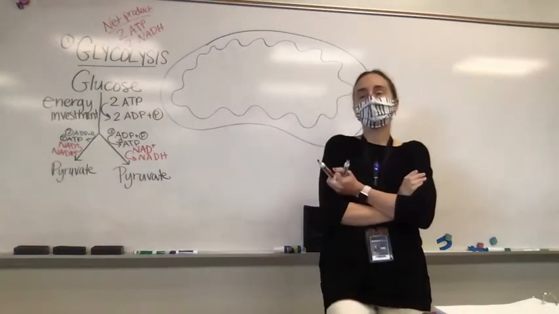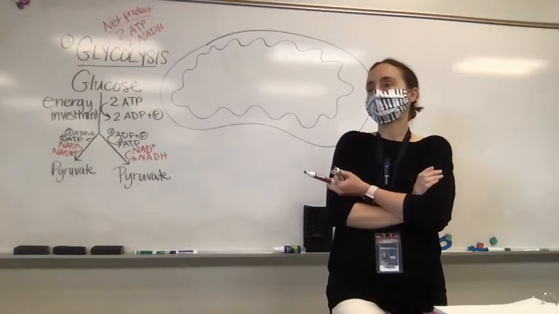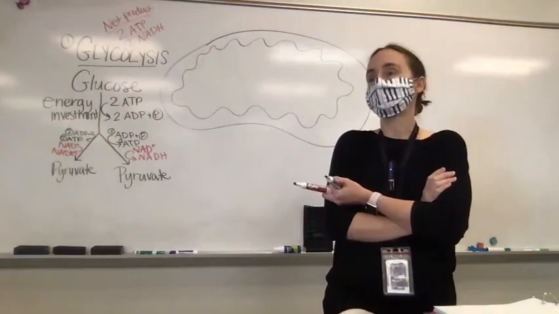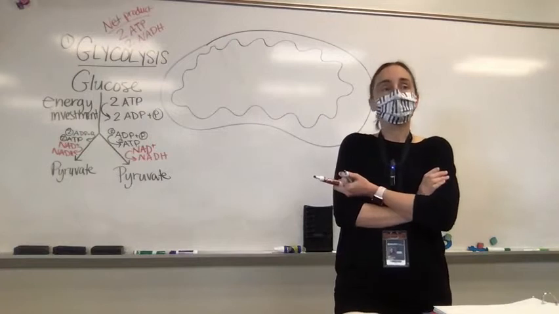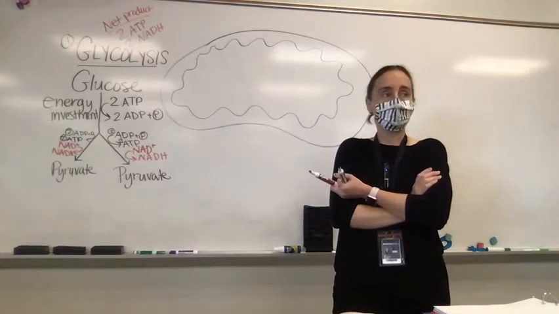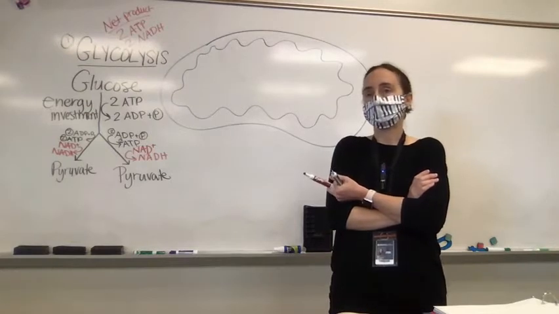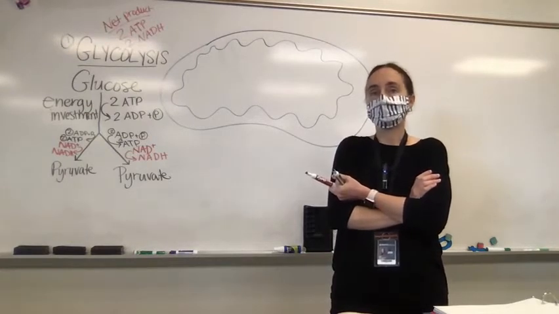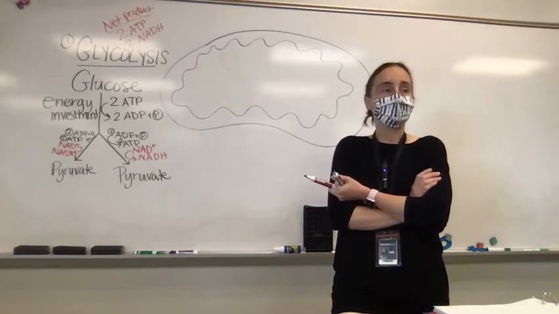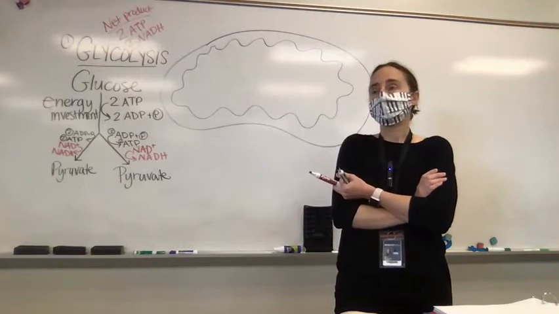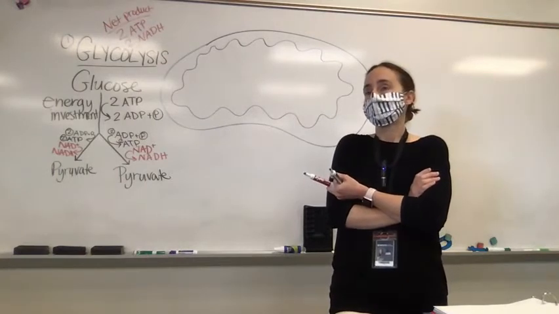And when I say net product, I don't count pyruvate because pyruvate is moving on and getting modified. But right now we have literally produced for the cell those 2 things. The ATP will be carried off and used for whatever is needed in the cell. Like, if you want to make a protein or you need energy for one of your pumps in your membrane or whatever you need it for, your cell will be able to use that ATP.